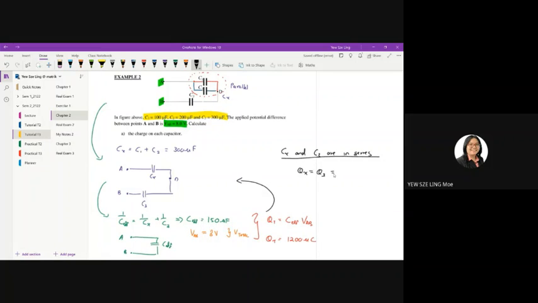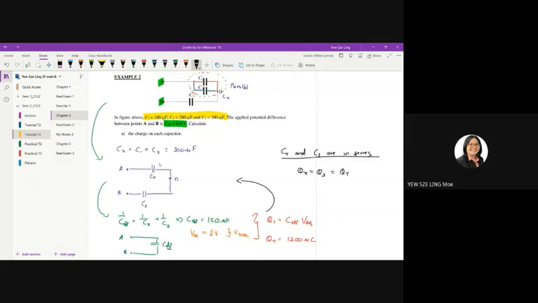And then they are equal to the effective or equivalent capacitance of the two of them, which in this case is our C effective. So it is equal to Q total. So Qx equals Q3 equals Q total. So what does it mean? Now we have all this information already.